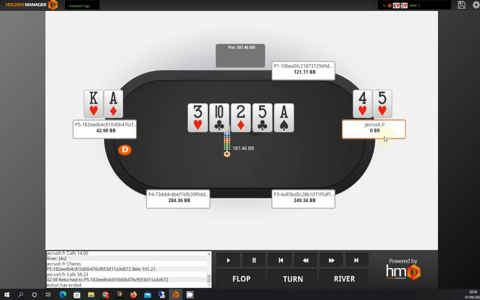I had just sat at the table, and I think he didn't 4-bet because he said, oh, a recreational player 3-betting, he must have a strong range. I won't 4-bet my ace king, I will just call and play the hand postflop. And yeah, he misplayed.